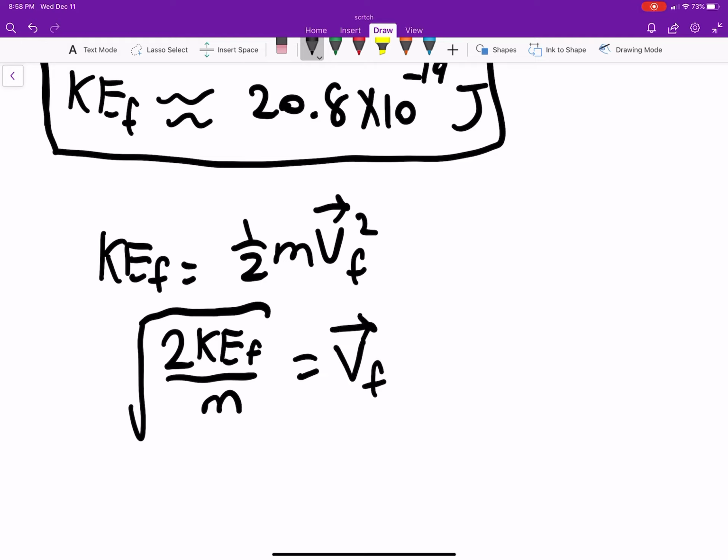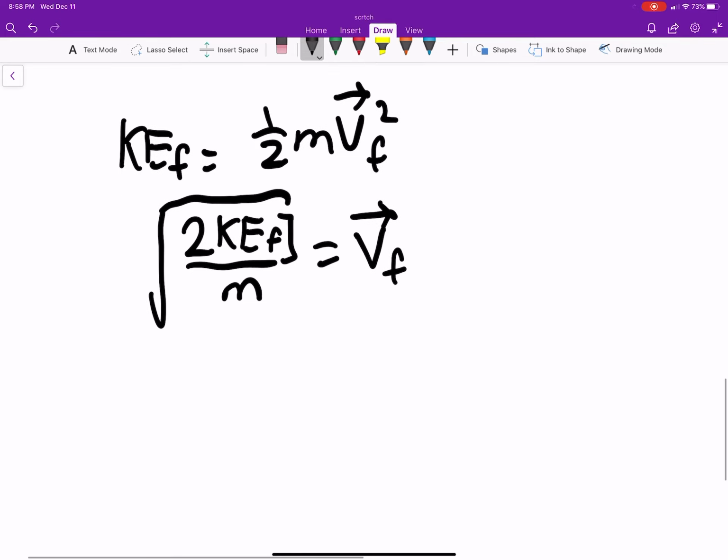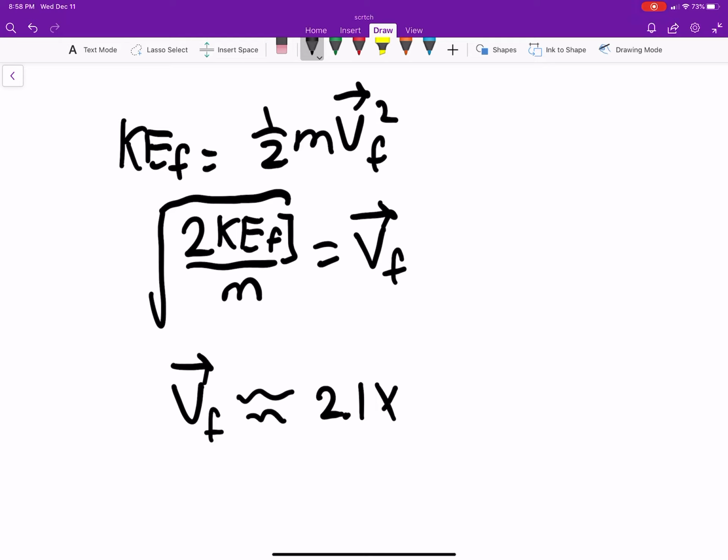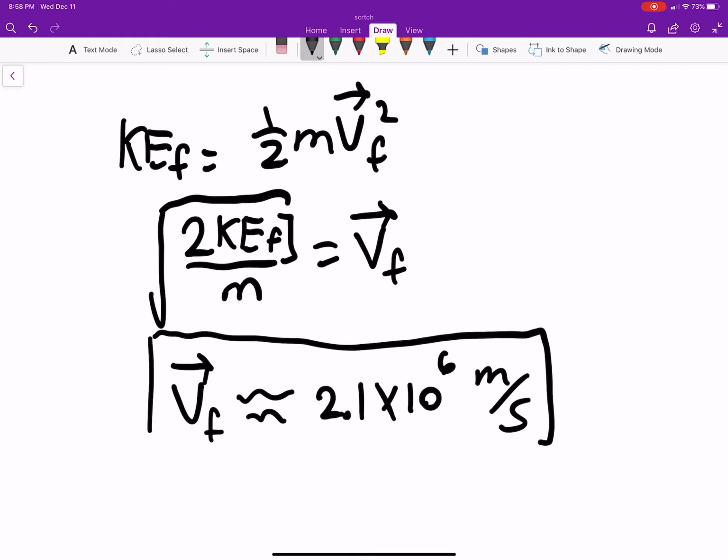And we just solved for this, and we talked about the mass of an electron. So the final speed, if you were to plug that in, is going to be about 2.1 times 10 to the 6 meters per second. Pretty fast. So that's the final speed of the electron.